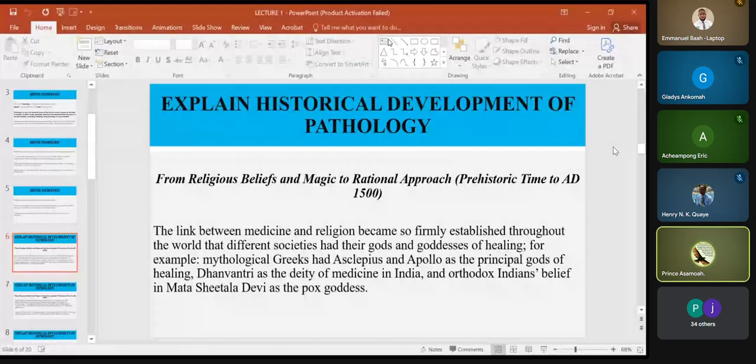Prior to AD 1500, the concept of health and disease was merged with religious beliefs. Okay, they were inseparable at that time. That is how the nature of things was.